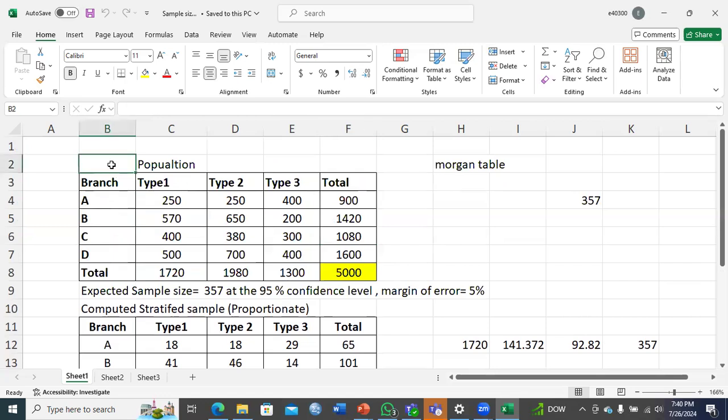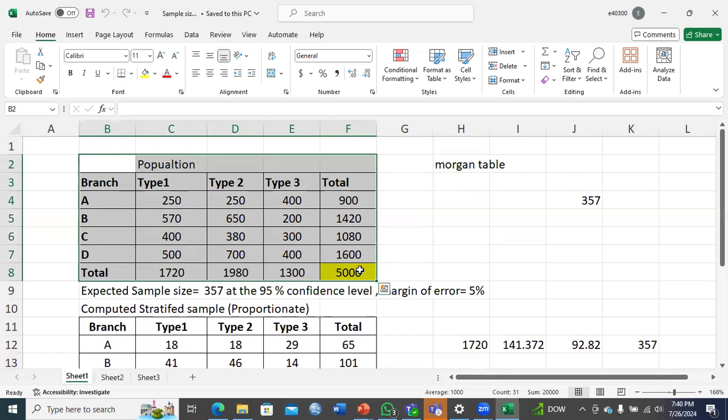Actually, you can type these figures in an Excel table, or in your notebook with the calculator, you can calculate. Then, as an example, write down the given statistics of the population distribution, the distribution of 5,000 respondents here.